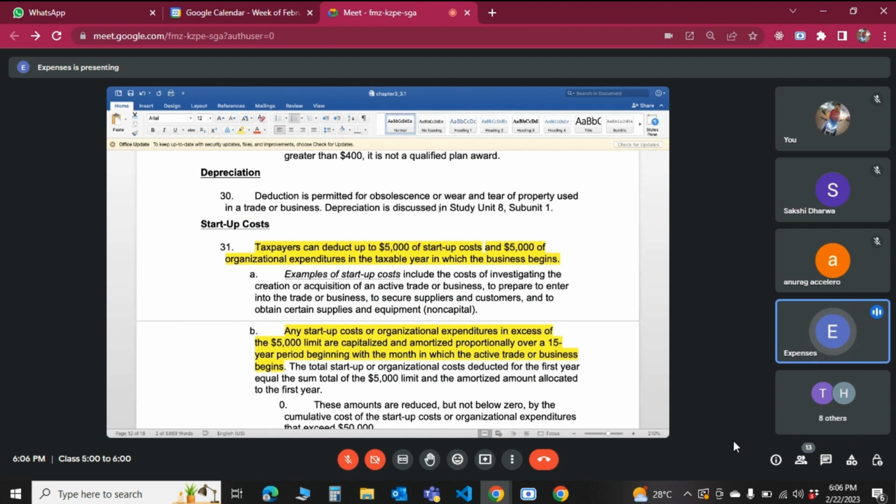So again, this is definitely an item which is a big difference between books and tax. As per books, you have to follow whatever the financial accounting rules or the standards say. There are accounting standards set up by every board of accountancy, be it the Institute of Chartered Accountants of India or the California Board of Accountancy or something else.